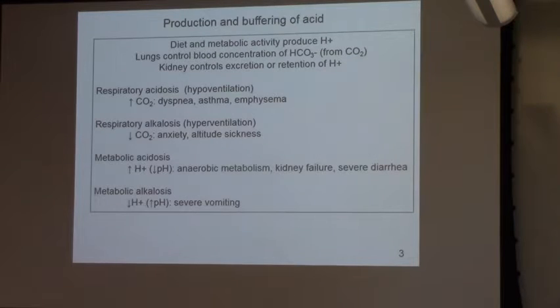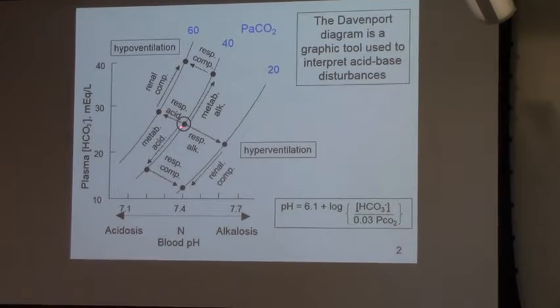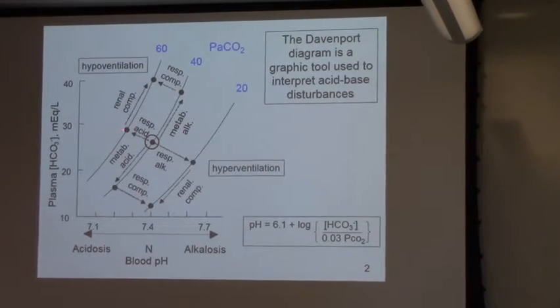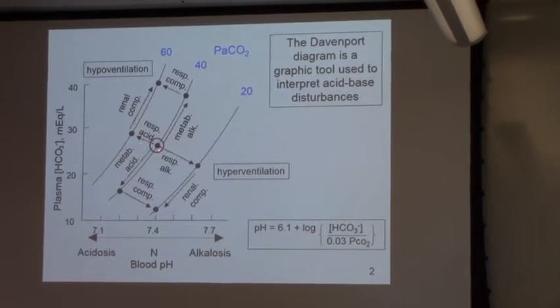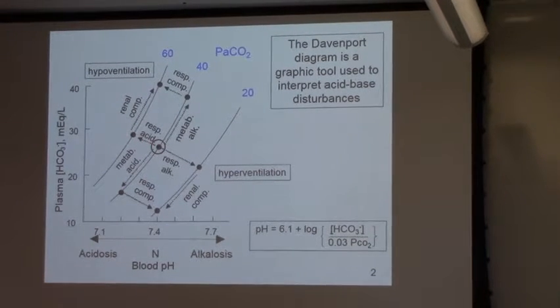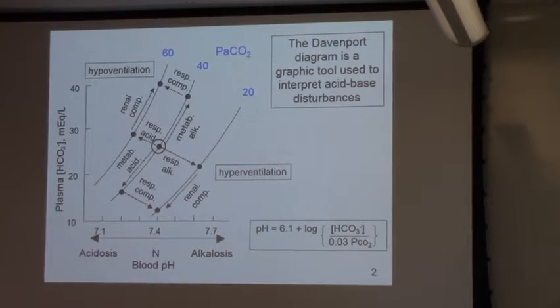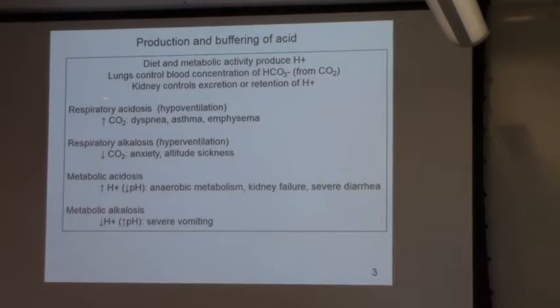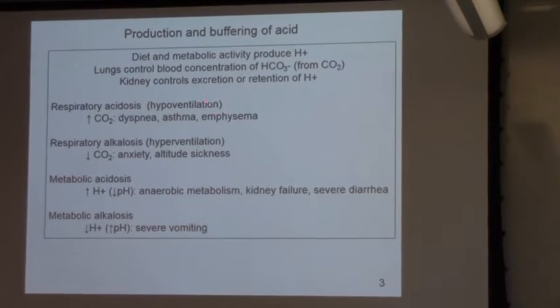Or maybe the best thing, okay, so let's talk about how these things can change, right? Respiratory acidosis. So what am I doing? I'm looking at respiratory acidosis. Hypoventilation. High CO2. So respiratory acidosis, hypoventilation, an increase in PCO2, dyspnea, which means not breathing right.